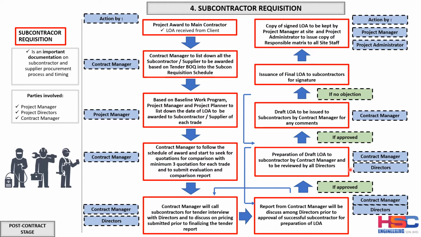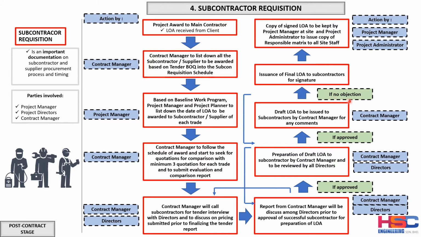And if the director has approved this, good; if not approved, of course, it has to be repeated. If approved, the draft LOA, once signed by the director, is issued by the contract manager to the subcontractor for review and final signature.